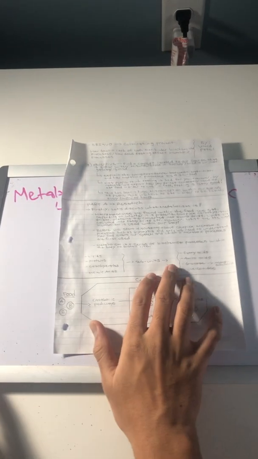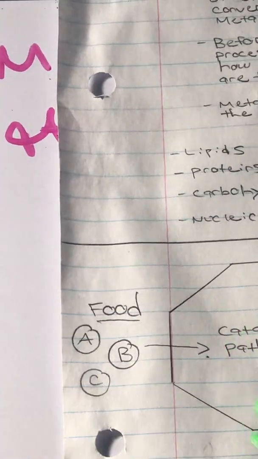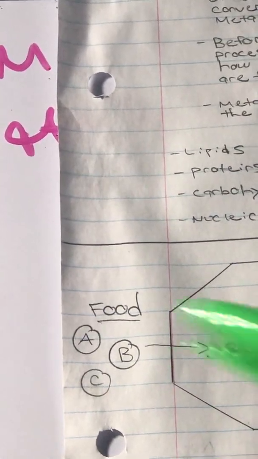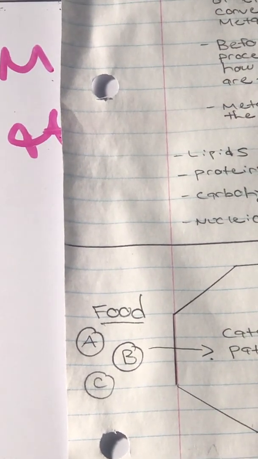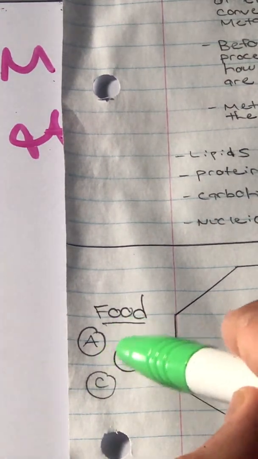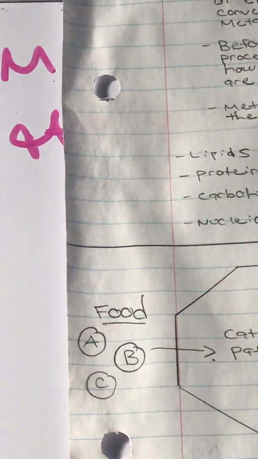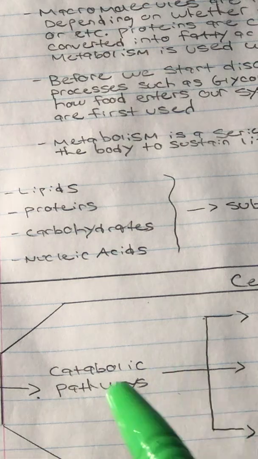So let's zoom in on this first. Sorry about that. So firstly, within our body, every single food that we consume, such as maybe starches, lipids, and every other macromolecule that we talked about, proteins, nucleotides, all of these complex polymers of those macromolecules are broken down by catabolic pathways.